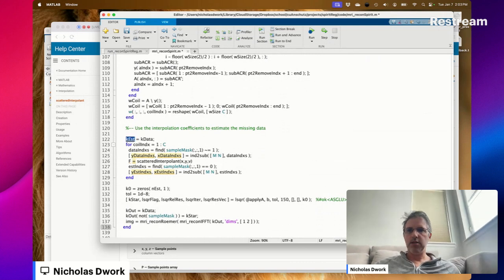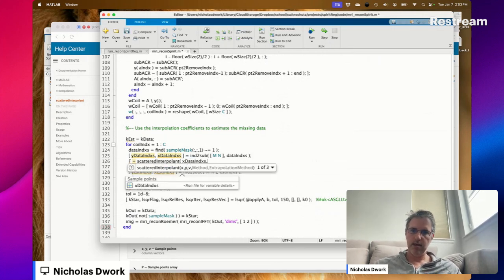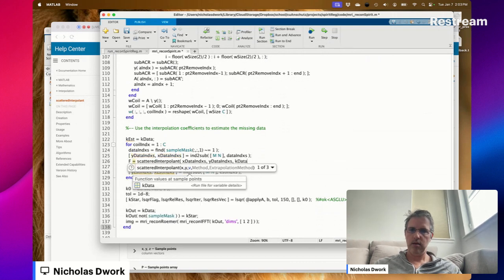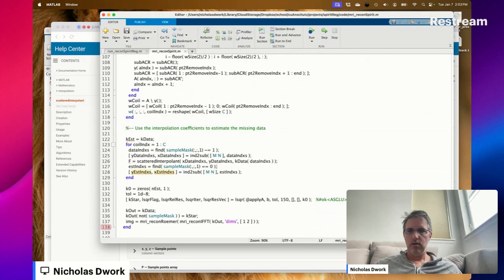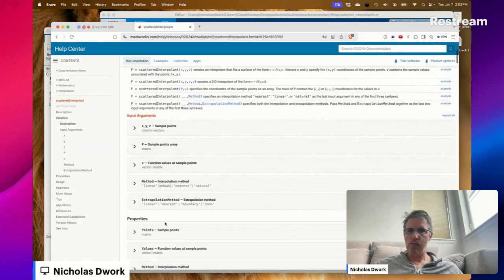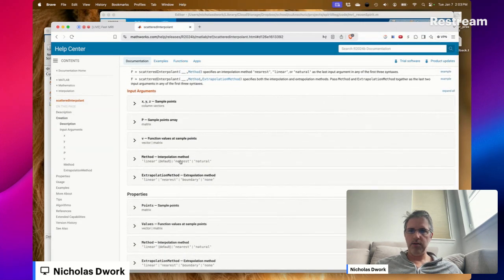I'm going to need a place to store these values. The query XY, right? I want to do nearest.